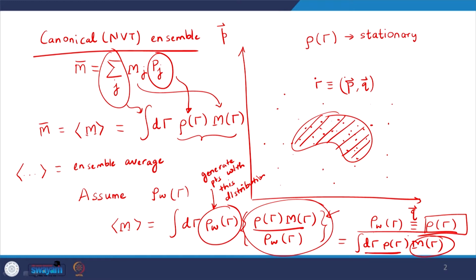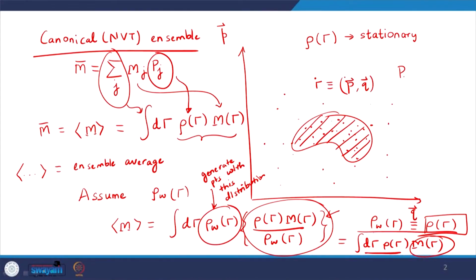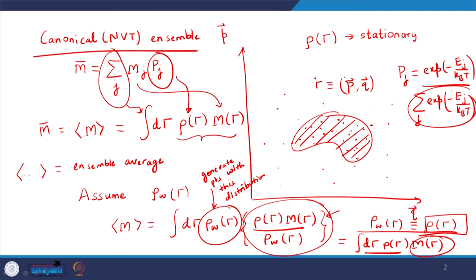Now, no matter how we do it, the key question is: do we really know this quantity rho(gamma)? The answer is no, because this rho comes from the probability of states, which is something like exponential of minus E_j by k_B T divided by the sum over j of exponential of minus E_j by k_B T, where the denominator is the partition function.